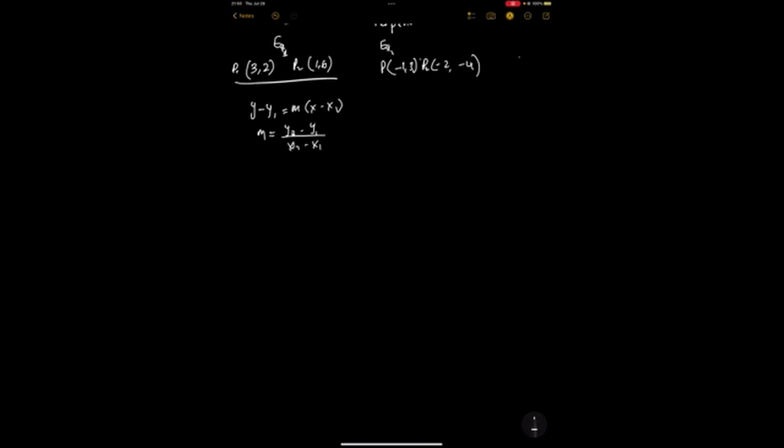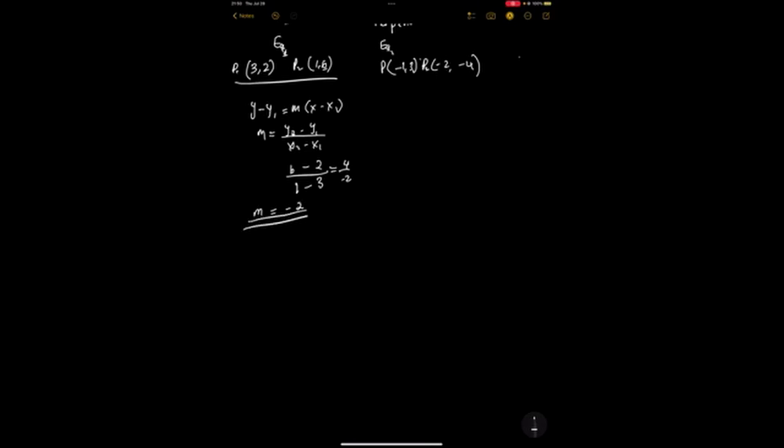So y2 will be 6, so it will be 6 minus y1, which is 2, over x2, which is 1, minus x1, which is 3. So you would have 6 minus 2 is 4, 1 minus 3 is -2, and therefore the slope would be equal to -2.